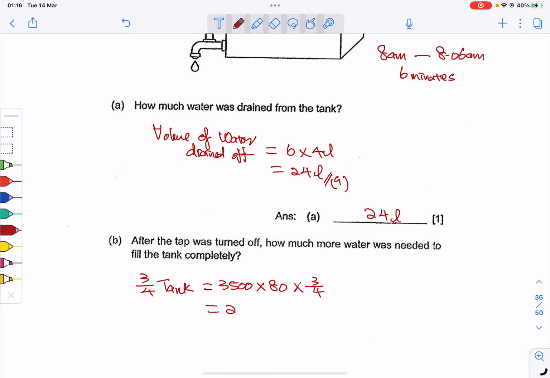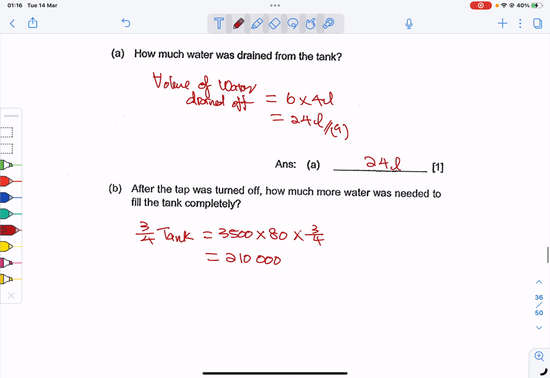So we have 210,000 cm³. Here we have liters, so 1 liter is 1000 cm³. So 24 liters will be 24,000 cm³.